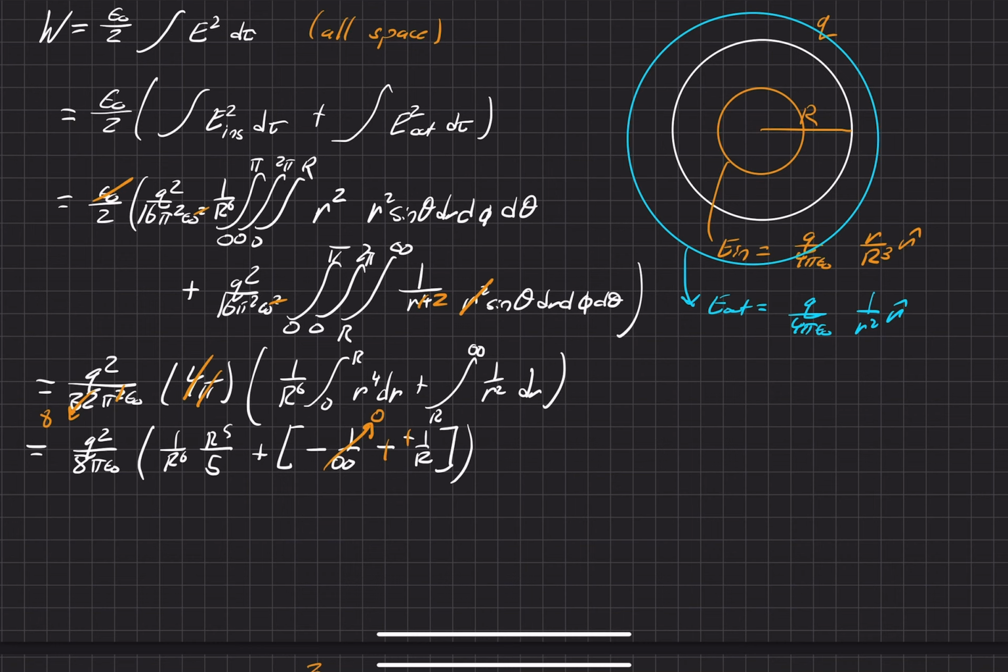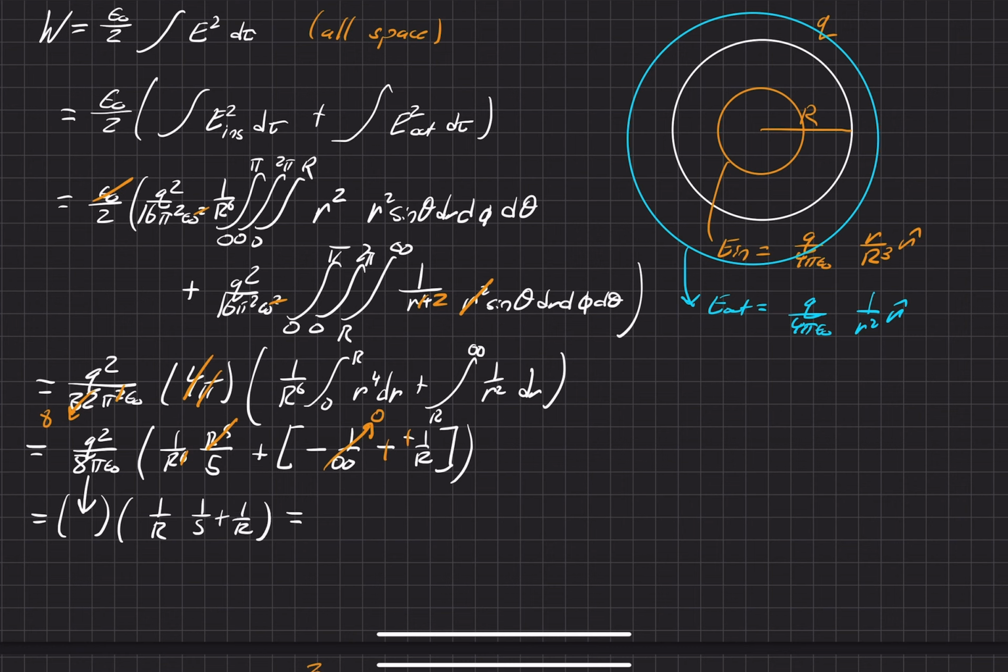If we look at that, we will drop down our constants here. We'll clean things up a bit over here. So this is 1 over r, because we can cancel those out right there. That's 1 over r times 1 to the 5th plus 1 over r.